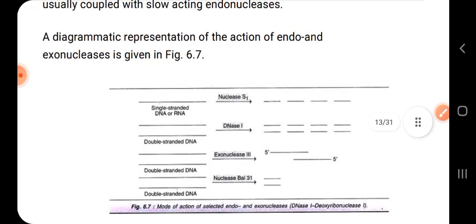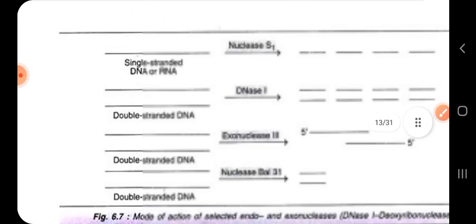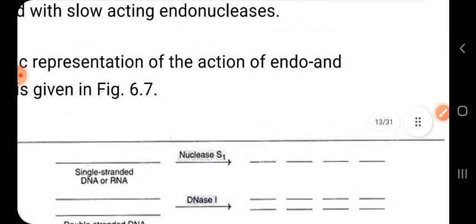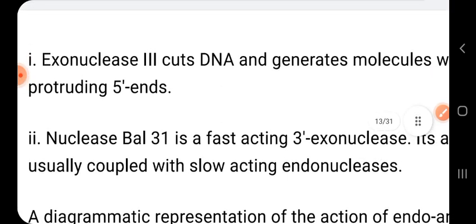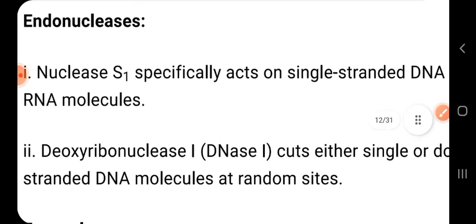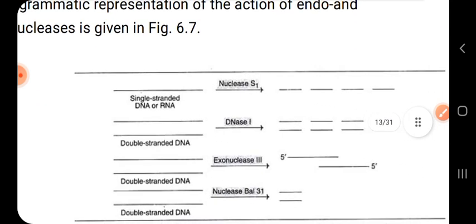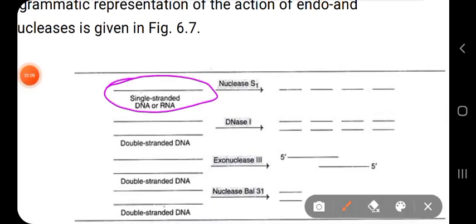So some of the examples have been shown in this figure. So you can see nuclease S1. Nuclease S1 acts on single stranded DNA or RNA molecules. Let us see the figure. So this is a single stranded DNA or RNA having 5 prime and 3 prime sites. Nuclease S1 acts on this single stranded DNA or RNA molecule.